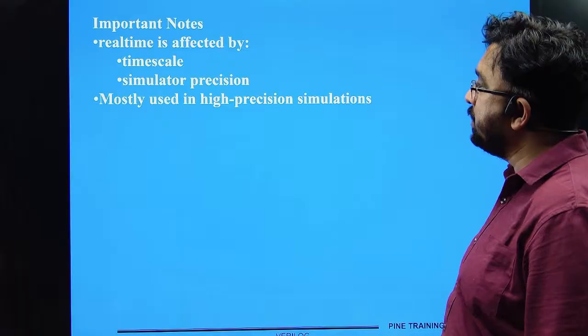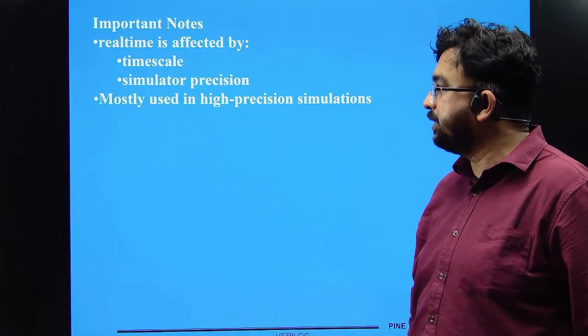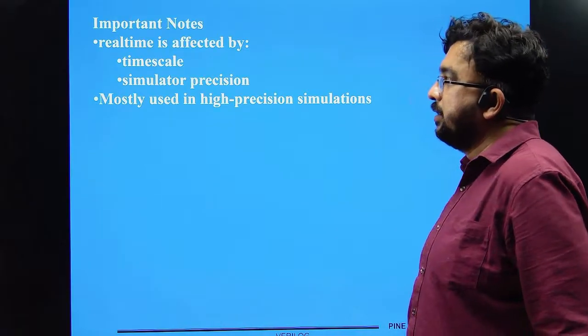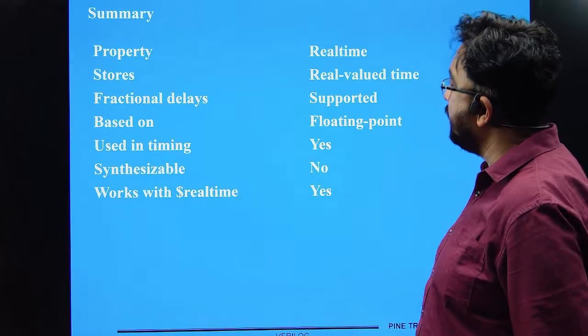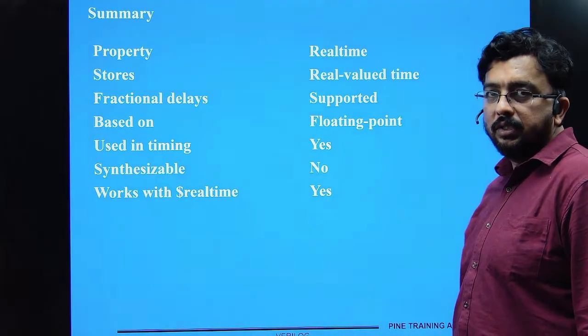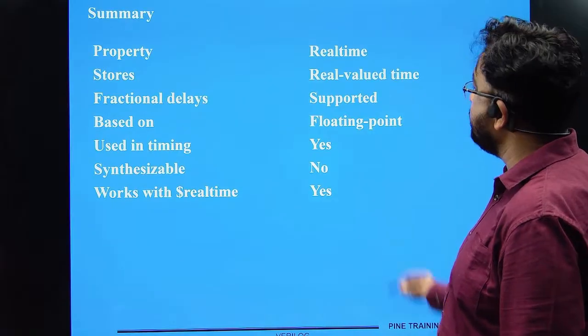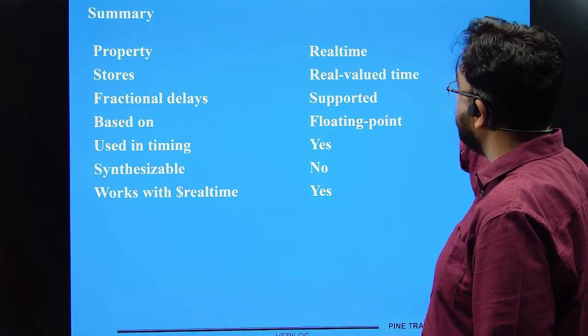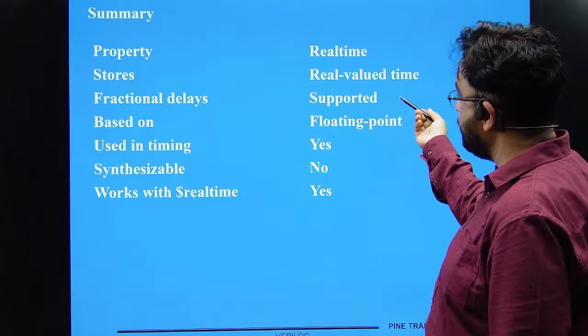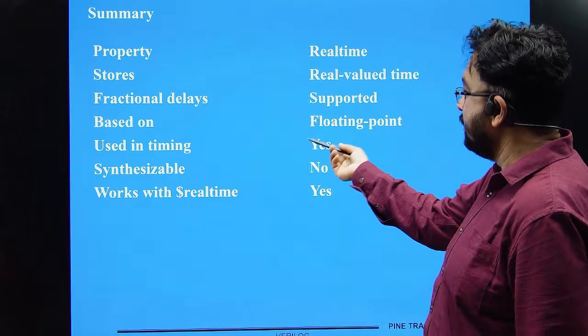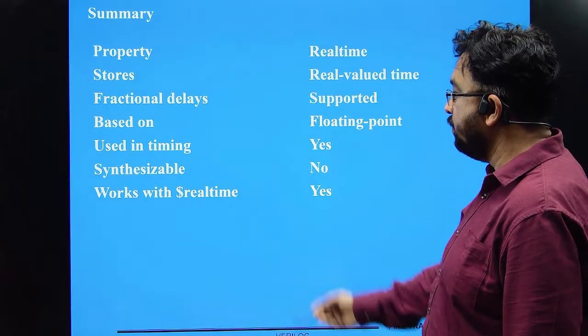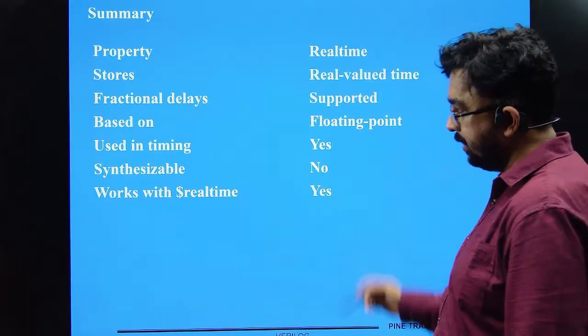Important notes: real time is affected by time scale and simulator precision, mostly used in high precision simulation. And the summary is real time stores a real value time. Fractional delay support, yes, based on floating point. Use in timing, yes. Synthesizable, no. And works with real time dollar, yes.